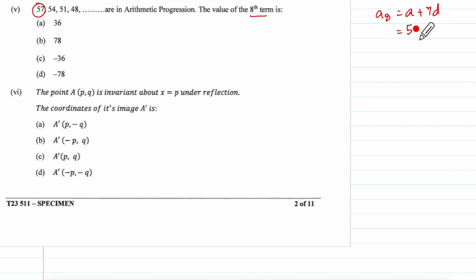So it is 57 plus 7 into, what is the value of d? 54 minus 57, that is minus 3. And so you'll have 57 minus 21. And how much is that? So the answer is A. So we will write here, of course, fifth one, A and 36. That's how we have to write.